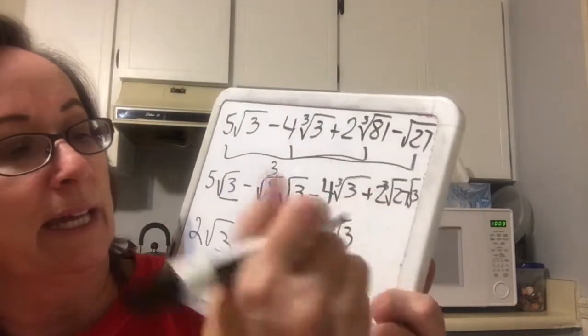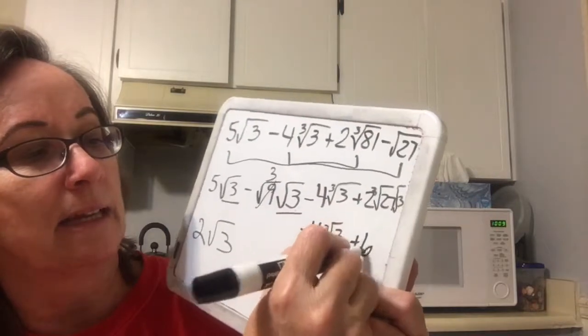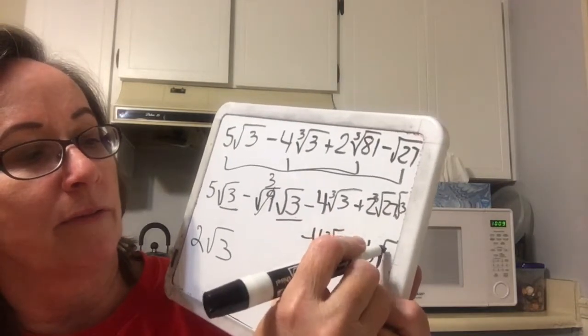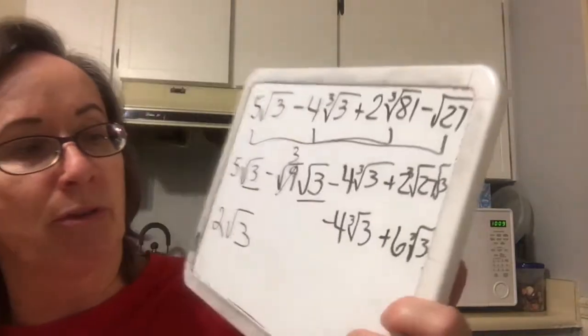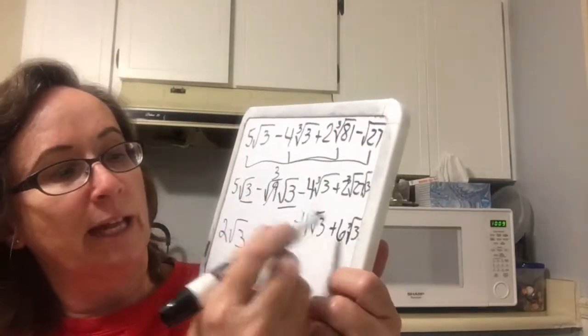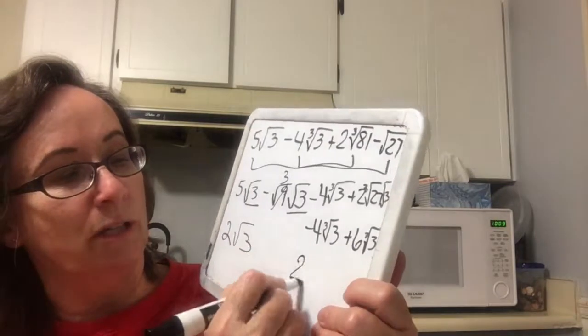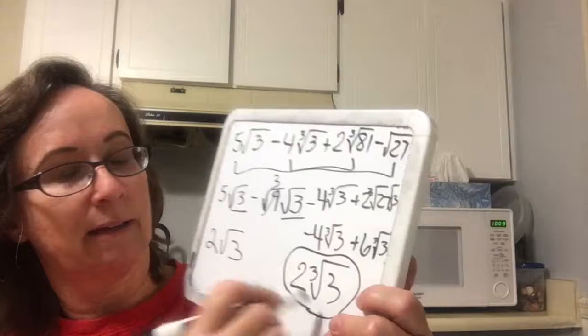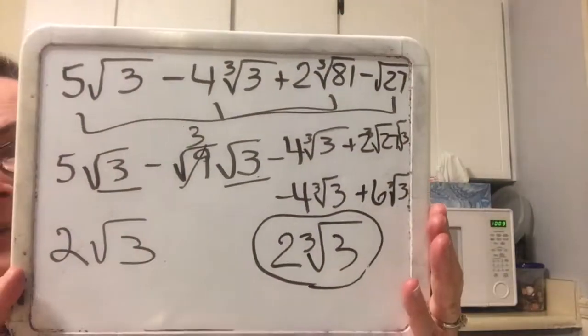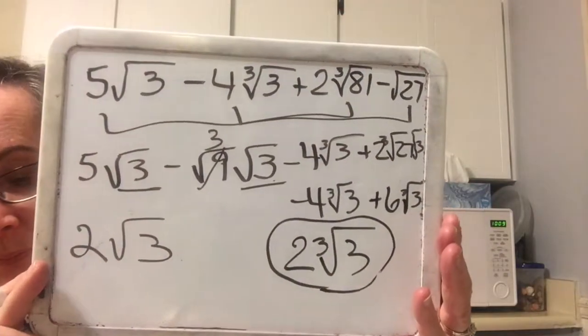So 2 times 3 is 6 cubic root of 3. So now since I have cubic root of 3, cubic root of 3, for -4 minus 6 I get -10, so that is -10 cubic root of 3. And you're done with your problem.